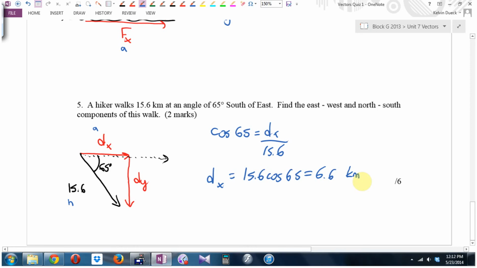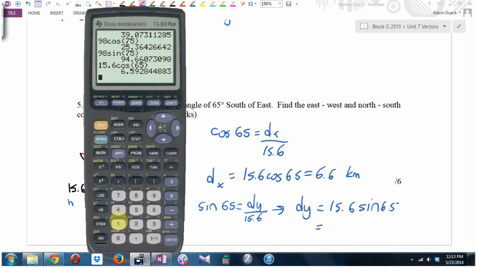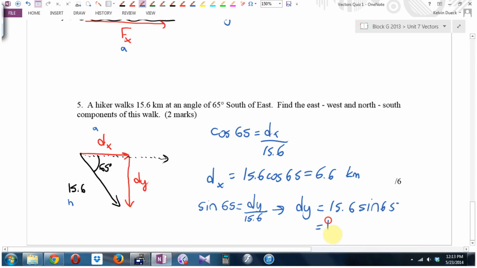I think dy is going to be the sine of 65 equals dy over 15.6. dy equals 15.6 sine 65, about 14.1 kilometers.